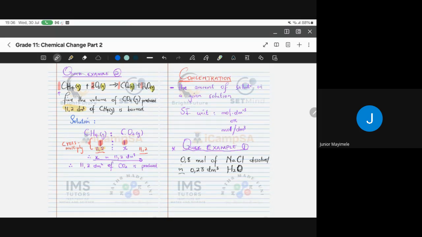The question would be: find the concentration in this example. Remember, we said we will find our concentration C. Let me change color.